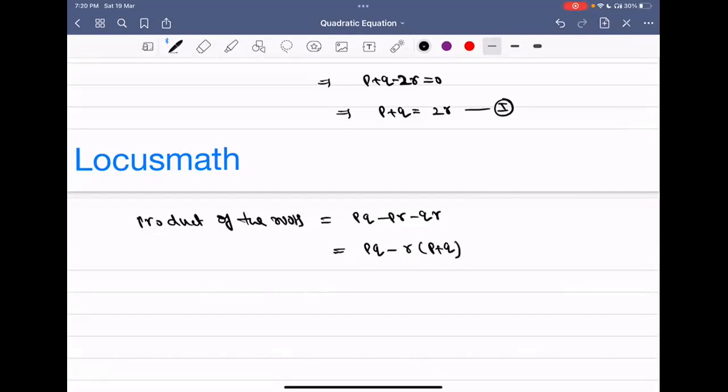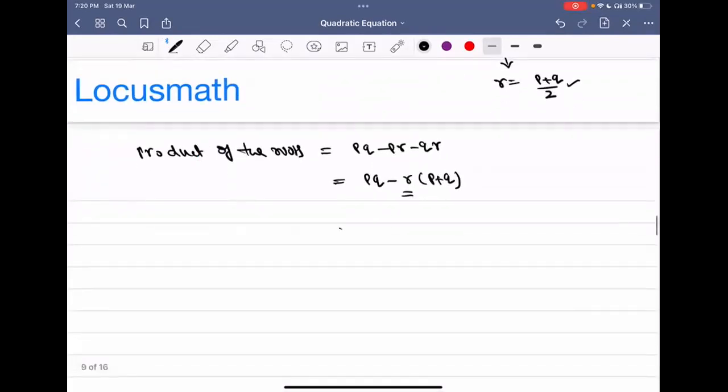But from the first one, what is r? r is equal to p plus q by 2. You substitute this r here. Then what you get? This is equal to pq minus p plus q by 2 into p plus q.